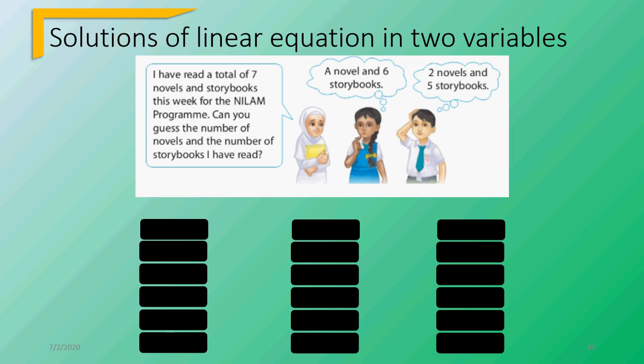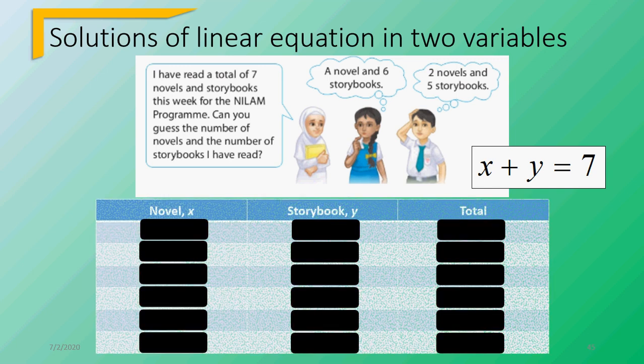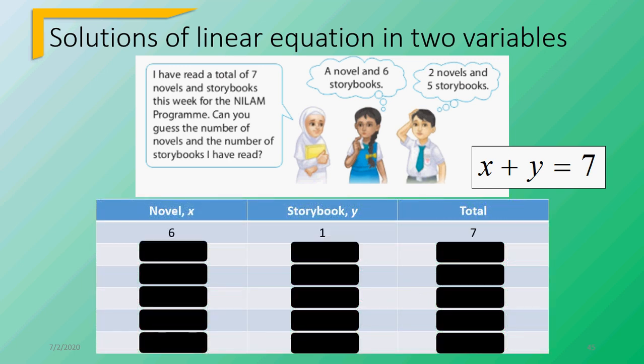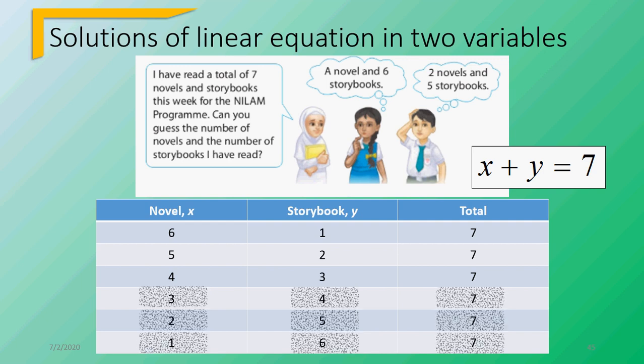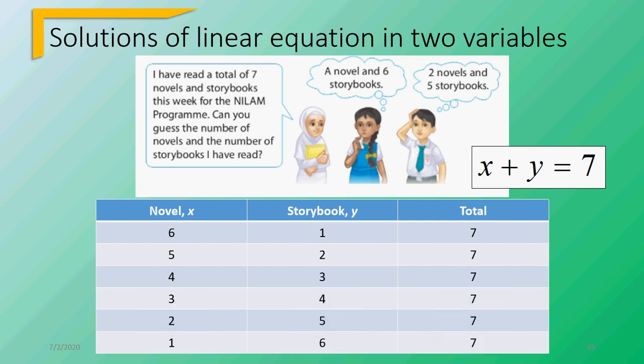Let's say x is the number of novels and y is the number of storybooks. So you will have x plus y equals 7. The possible solutions can be 6 novels with 1 storybook, or 5 novels with 2 storybooks, or 4 novels with 3 storybooks, or 3 with 4, 2 with 5, or 1 with 6.